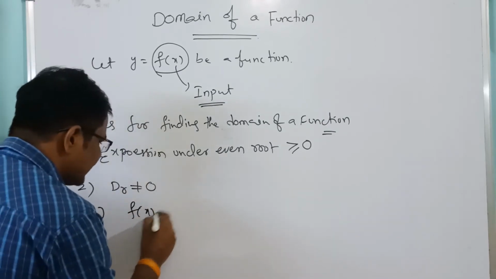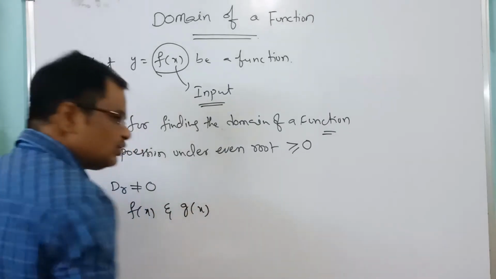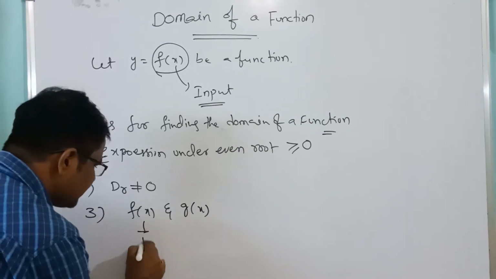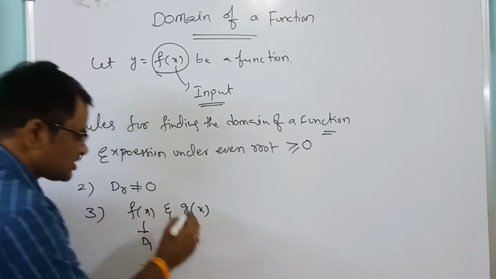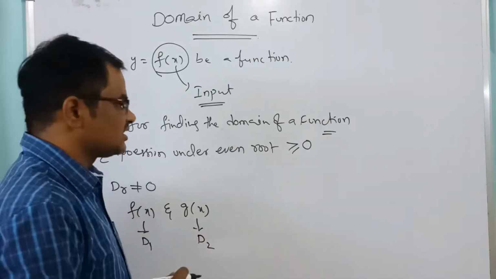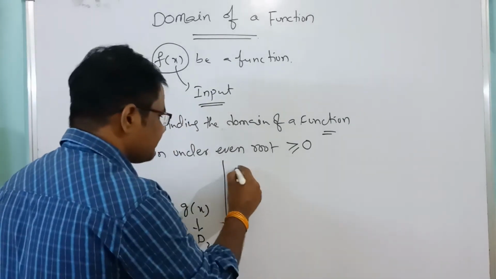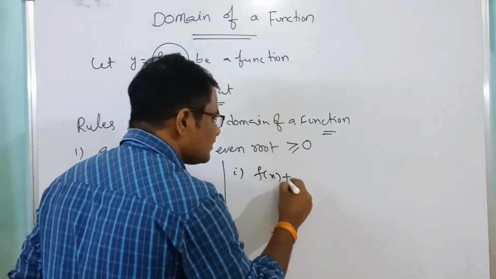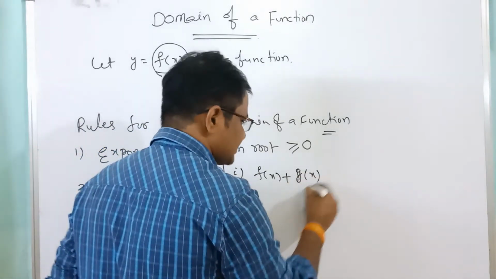f of x and g of x are two functions. D1 is the domain of the first function and D2 is the domain of the second function. Then we have to find the domain of f of x plus g of x.